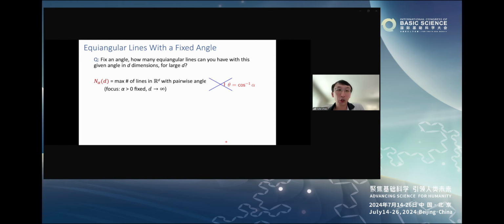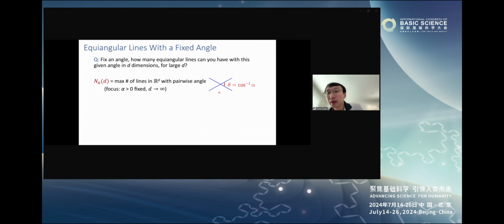Right? So fix the angle. Fix an angle, how many equiangular lines then can you have with this given angle in d dimensions for large d? And we denote by n sub alpha of d the answer to this question. Now, what is the maximum number of lines in d-dimensional Euclidean space with pairwise angle theta, which is the arc cosine of alpha?